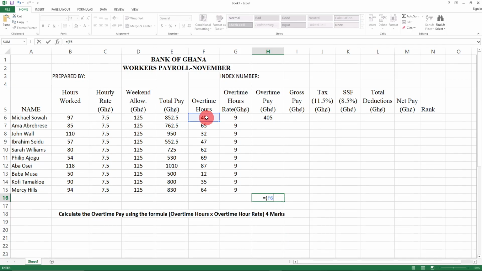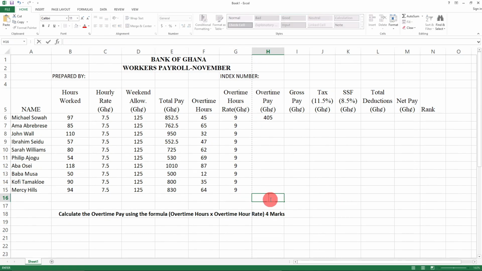So F6 by the overtime hour rate, which is 9, G6. So F6 by G6 for Michael Sowa, and then we close it. We should get the same answer, 405.